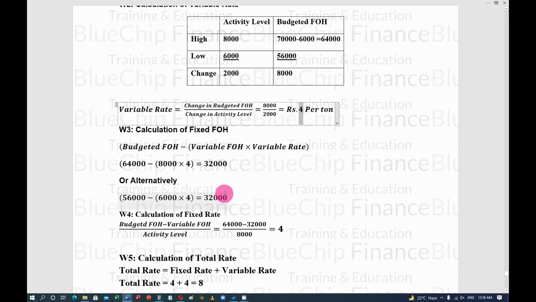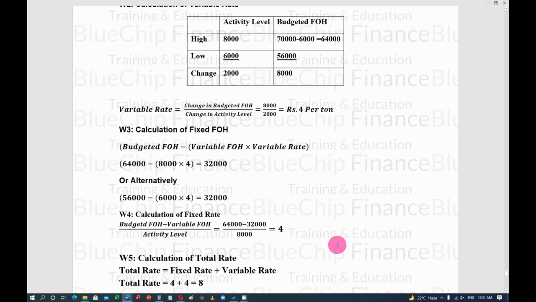From here you can also calculate the fixed rate. Your budgeted fixed FOH is 32,000 divided by your activity level at highest level, which is 8,000. 32,000 divided by 8,000 is 4. So your budgeted fixed rate is 4.